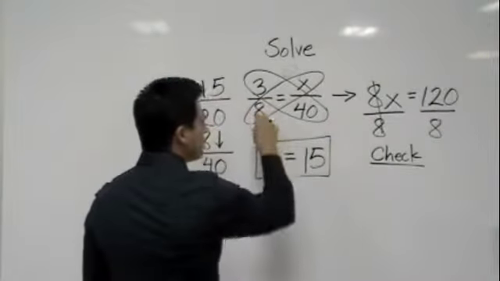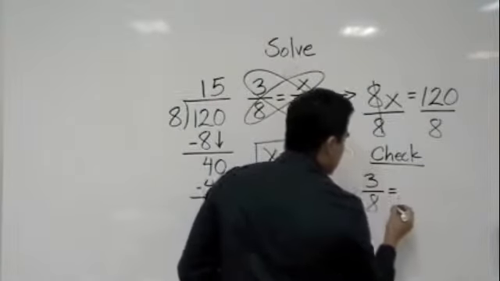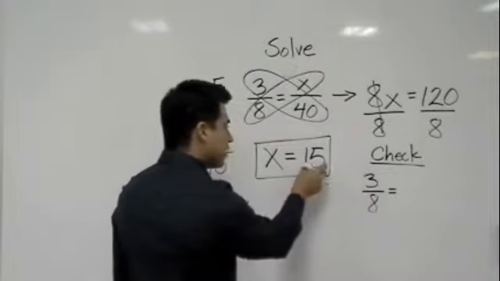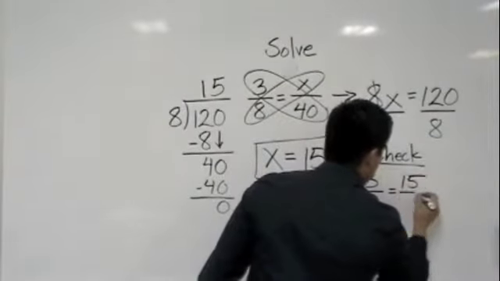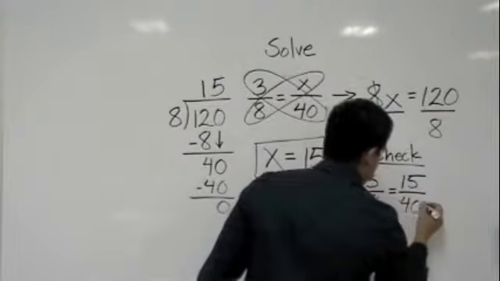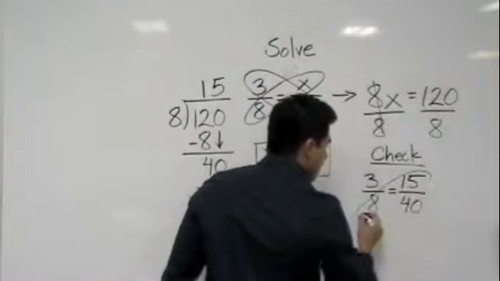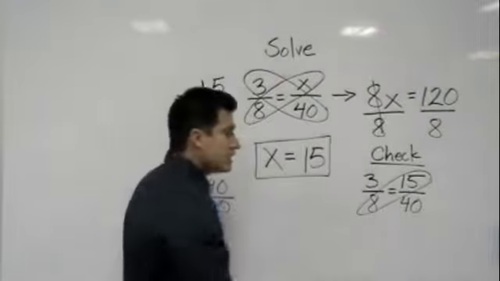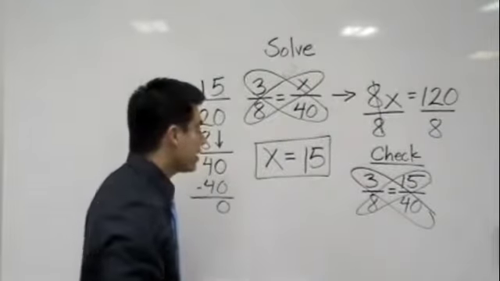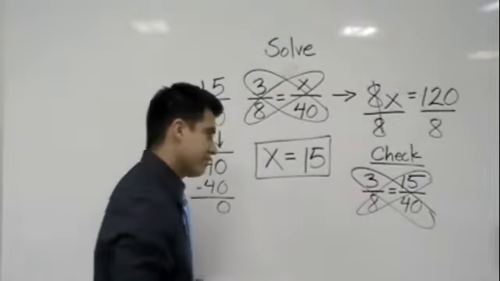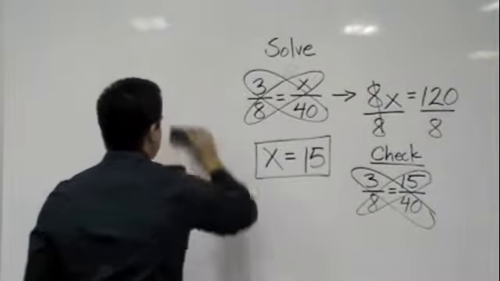Okay, so now let's go back to the original proportion. 3 over 8 is equal to, and let's go ahead and plug in 15 for x. 15 over 40. Well, remember, we cross multiply, right? And 8 times 15 has to equal 3 times 40 for it to actually be a proportion and for this to be correct. Well, let's go ahead and figure that out. I'm going to erase this.